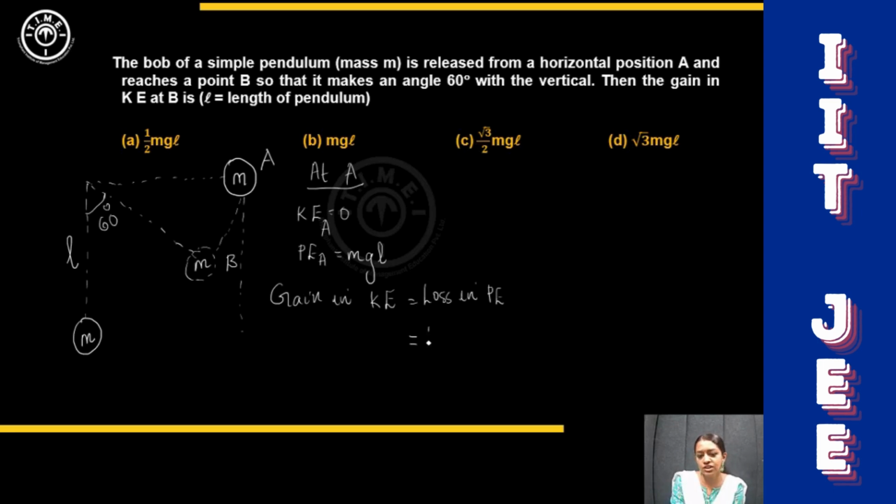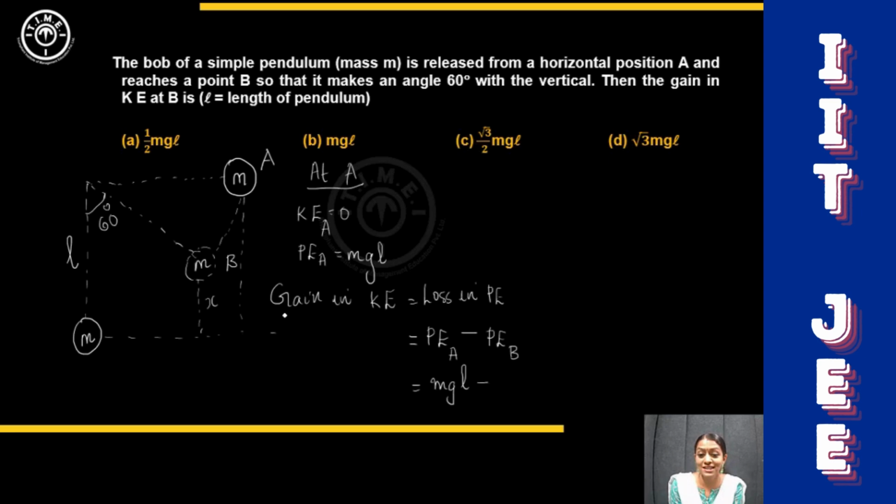Loss in potential energy means what? Potential energy of the body at point A minus potential energy of the body at point B. Okay, now we have to give substitutions. For potential energy at point A, we already got the equation as mgl. Now we have to find what is the potential energy at point B. See, point B is at a height of say x from the reference level.